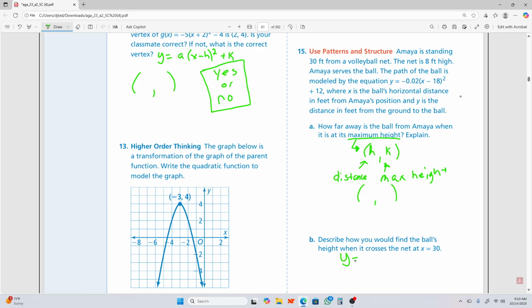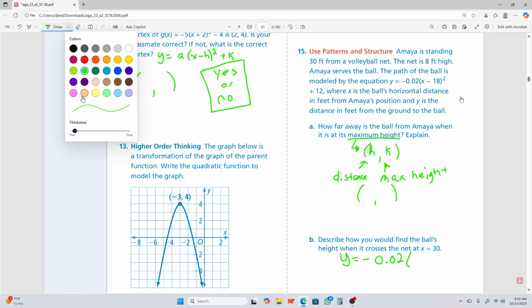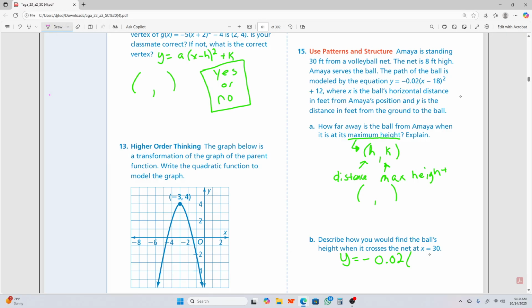So y equals negative 0.02. Make sure you're following your order of operations. Plug in a 30 where the x is. And then you'll have the height when the distance is 30.